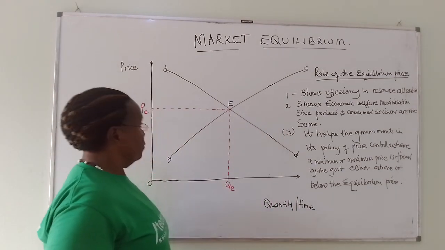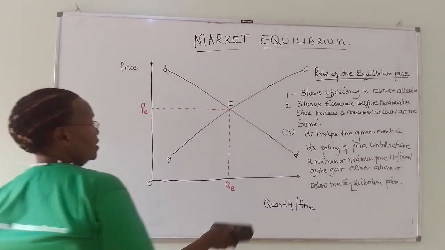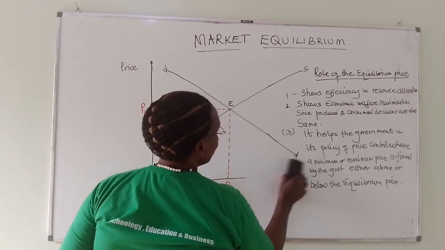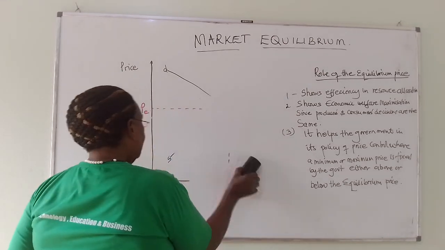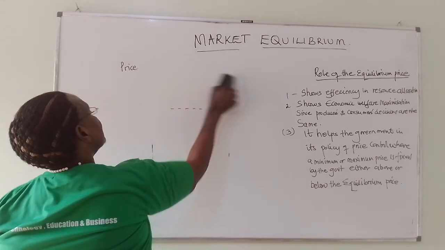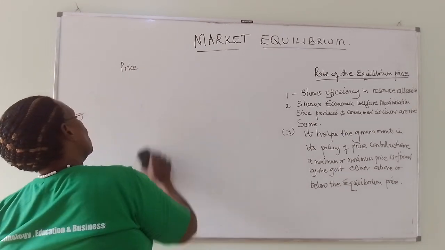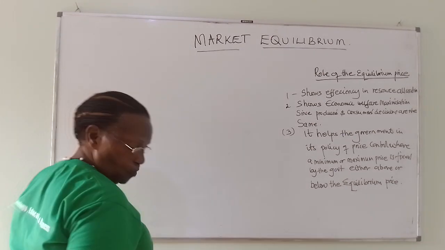So that is the equilibrium price, but we also have an equilibrium quantity. There can be no price without a quantity. The two have to go together. The moment you have an equilibrium price, it means that there is also an equilibrium quantity.